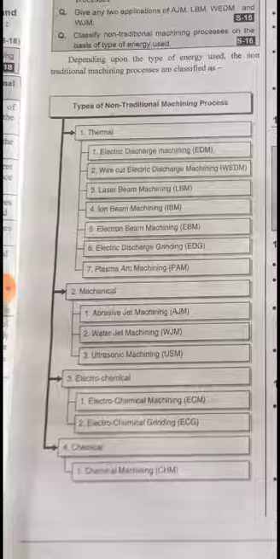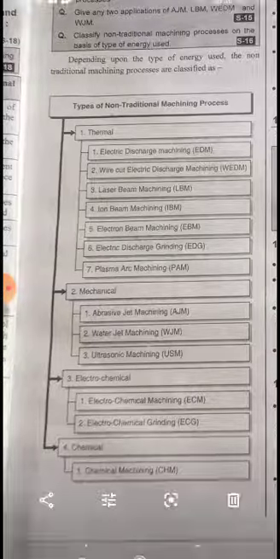And then in mechanical: abrasive jet machining, AJM. Water jet machining, WJM. And ultrasonic machining, USM. In electrochemical non-conventional machining processes: electrochemical machining, that is ECM. Then electrochemical grinding, ECG. And in chemical process, chemical machining.